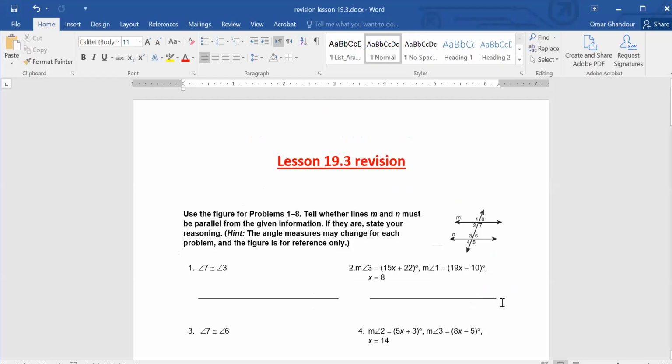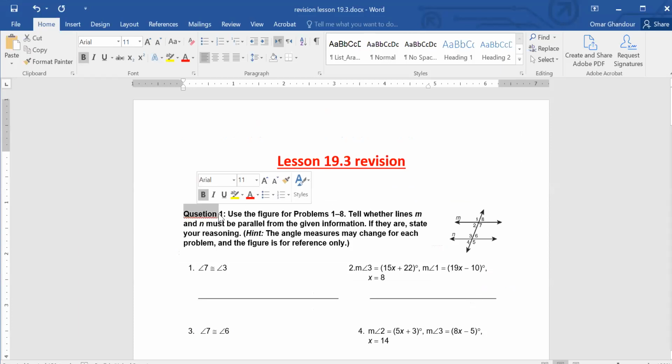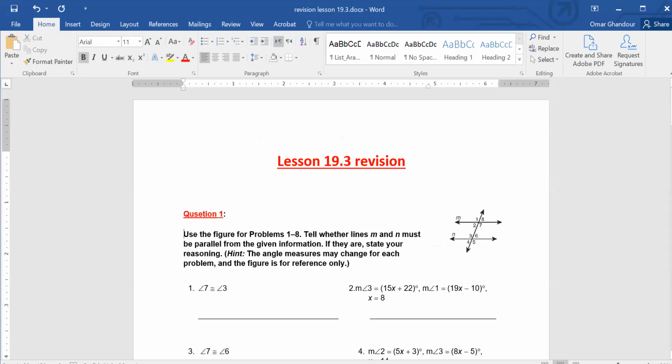Okay, for question 1, this is question 1. So for the first question, use the figure for problems 1 to 8.